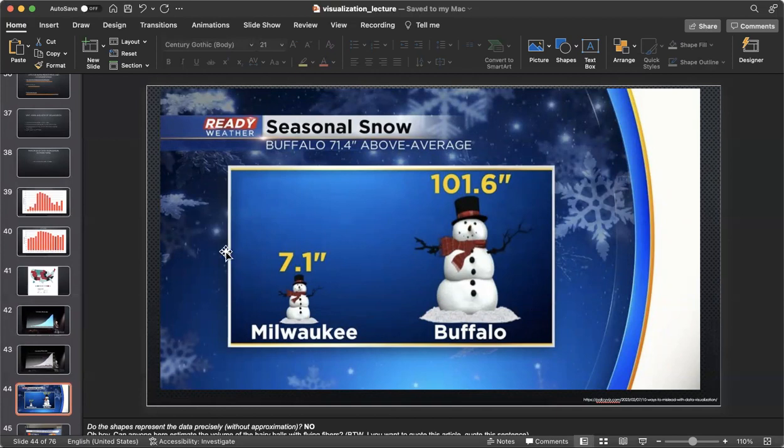And then are we supposed to look at the height? If it's the height, then this is not proportional. Are we looking at the area or the volume? Again, our eyes are really not good at distinguishing length and area and volume. Very easy to mislead people. There's again a design effect, not the data effect.